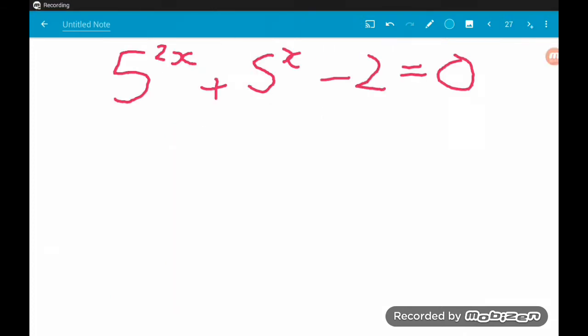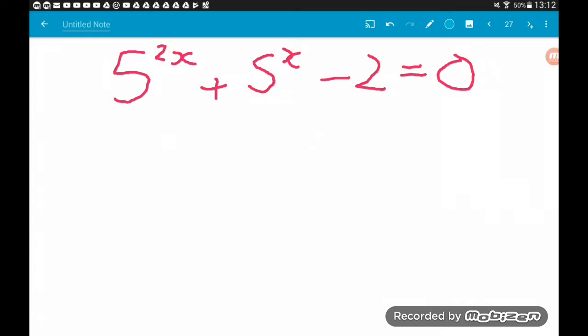Okay, for our final example, we're not actually going to solve this fully. We're just going to get down to finding what u is. To then solve it, we need something called logarithms, which we're coming to later on in core maths. So we'll just work on finding what u is here. We've got 5 to the power 2x plus 5 to the x minus 2 is equal to 0.